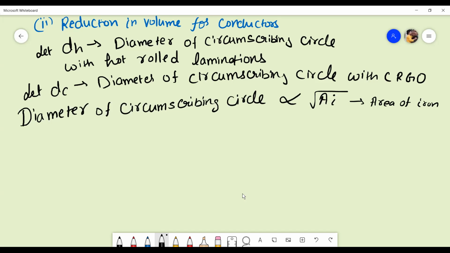And we know the relation between AIH and AIC.